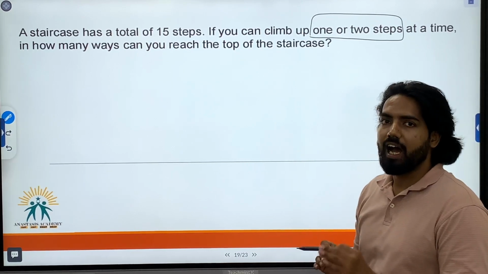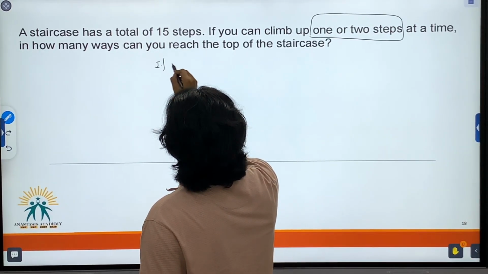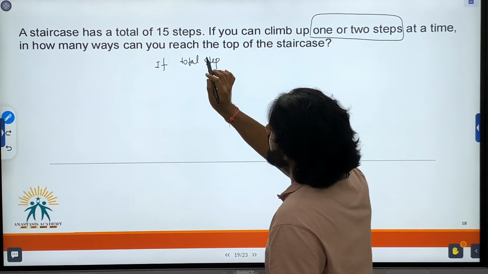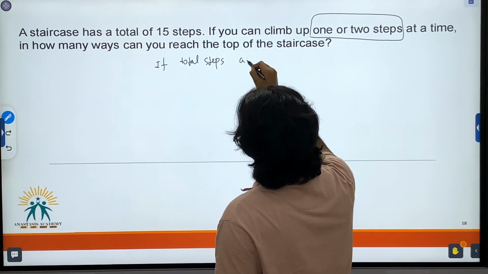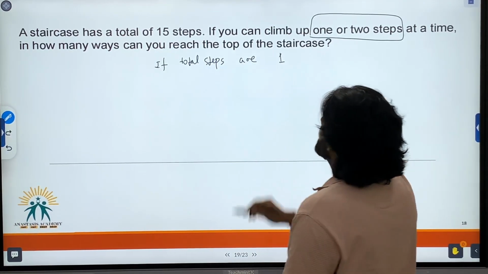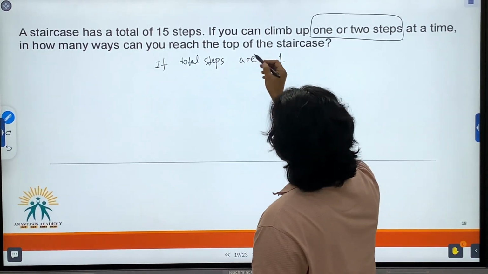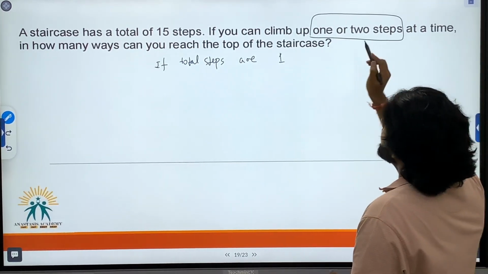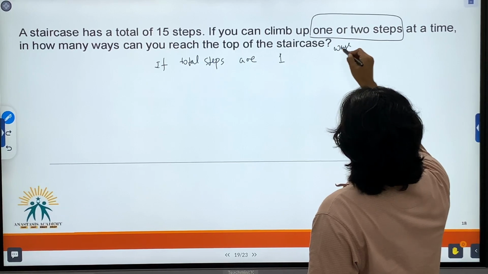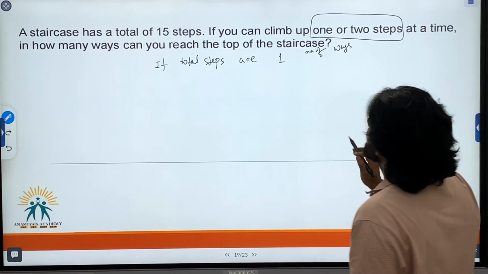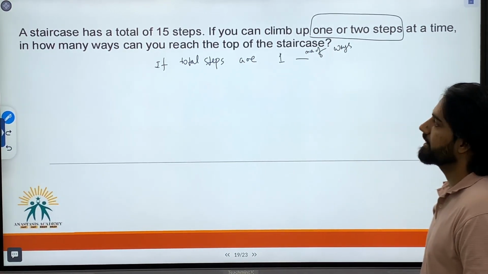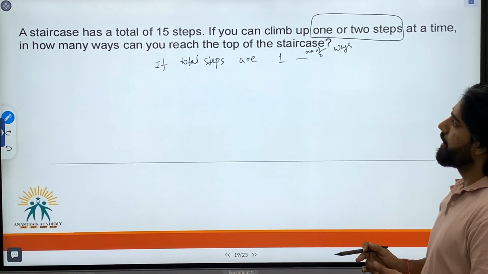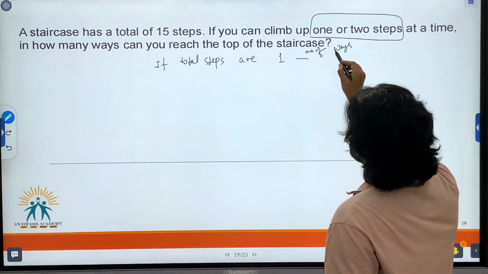Now, listen carefully, if total steps are 1, right? So the number of ways to reach the top or to reach this stair would be only one way, right?